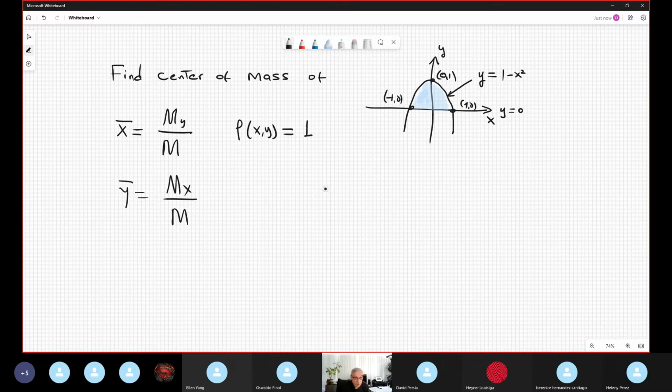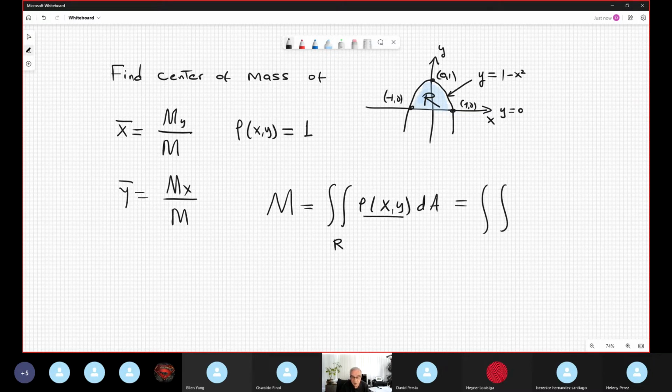Okay, now the formula. What is the formula? Well, the M is the double integral in the region R. Okay, by the way, this is our region R now. Of the density function, 1, dA. So actually it's the double integral of 1. Cool. Well, I make a decision to define the order of integration. Remember, I always prefer this order.